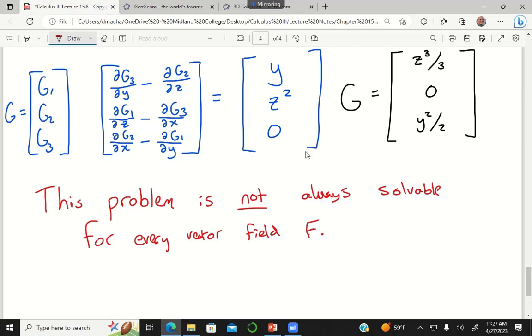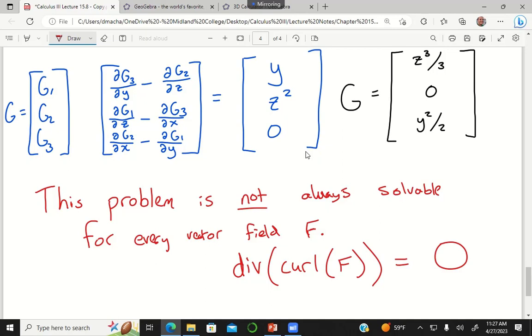The reason is because for any vector field with continuous second partial derivatives, you know that the divergence of the curl of the vector field has to be what? 0, yeah.